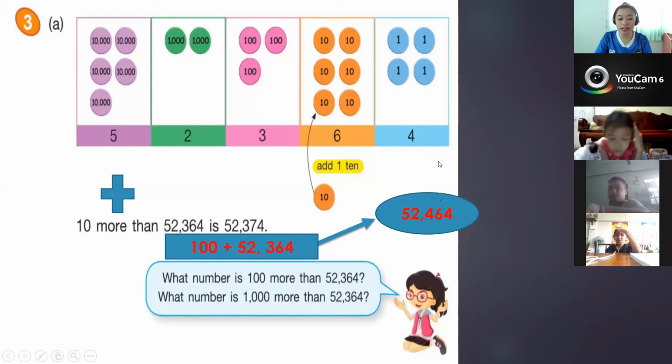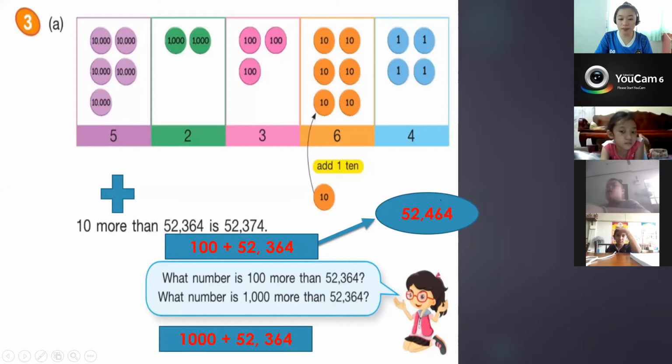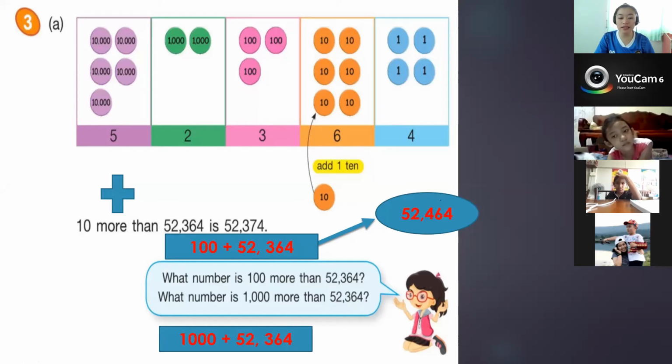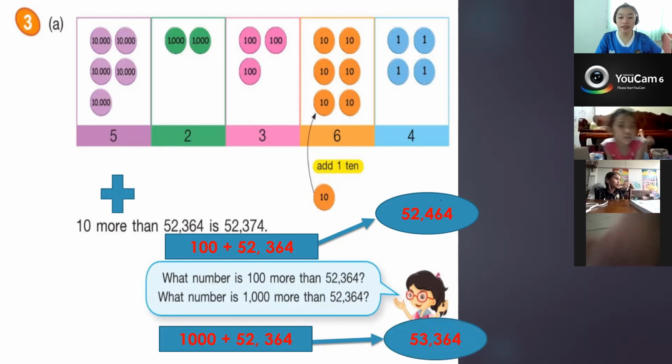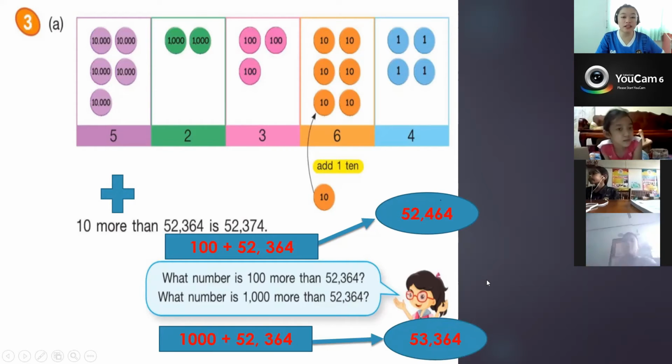If we add together 1,000 plus 52,364, what would be the answer? 53,364. Okay, so this is the number that is 1,000 more than 52,364.